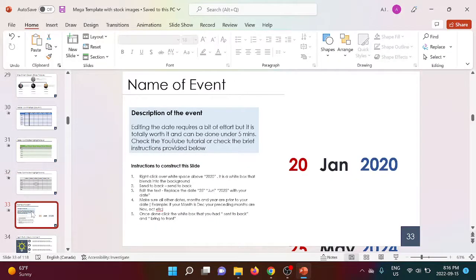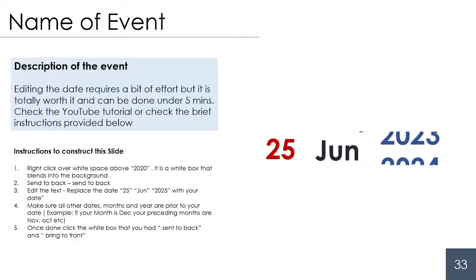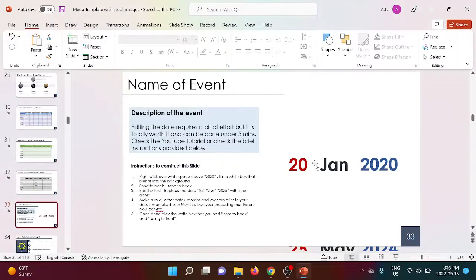This is an interesting slide. What this represents is something like a scroll down a date. The way you do it is, let's say you have a date of 25th June 2025, right?